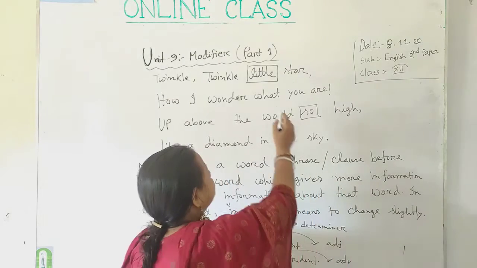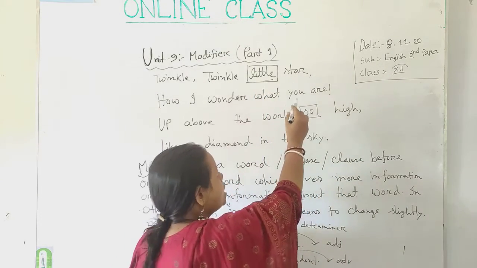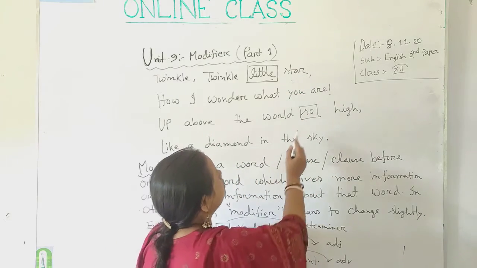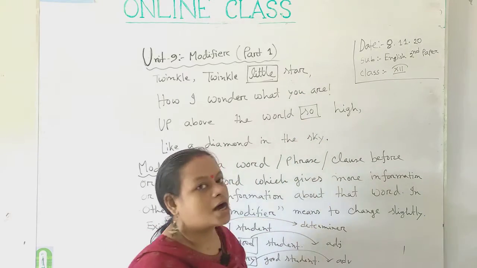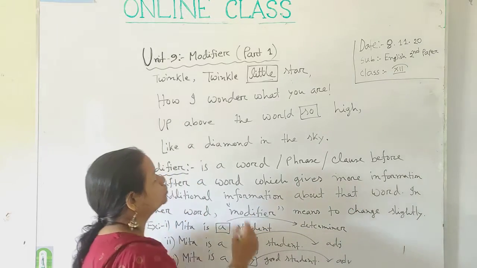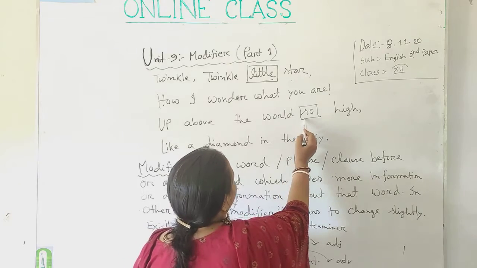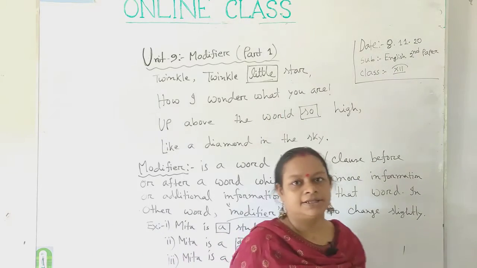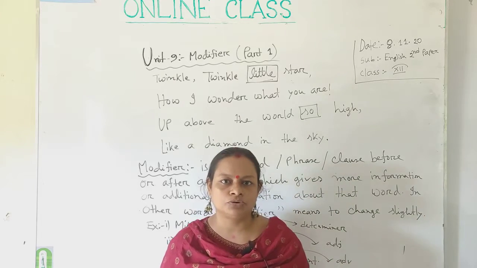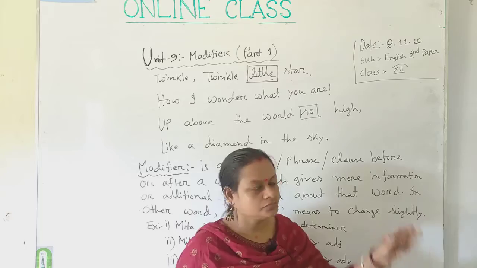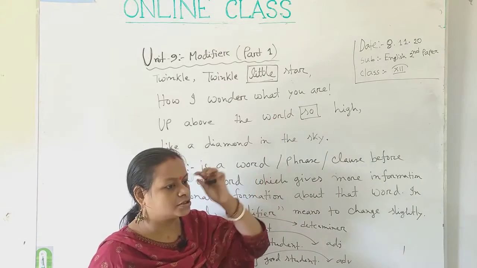The word little here denotes how large or small the star is, and the word so denotes how high above the sky the star is. So, these two are modifiers. These two words modify another noun or pronoun, adjective or adverb.